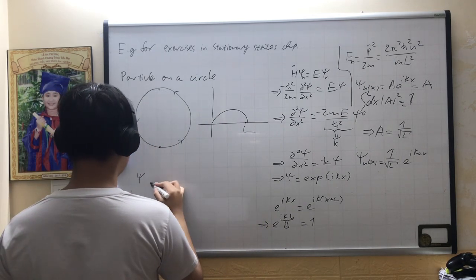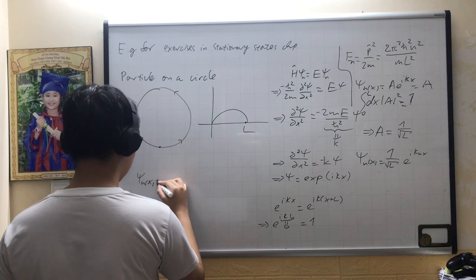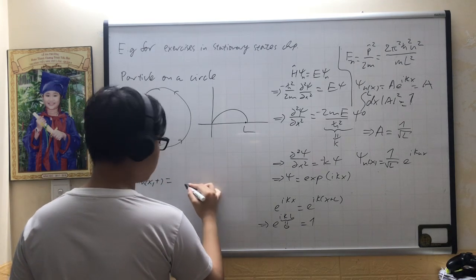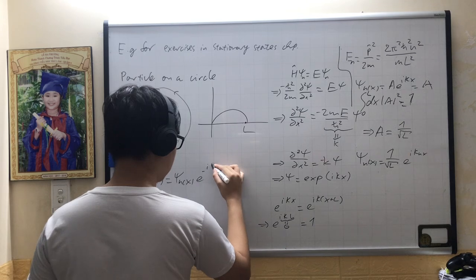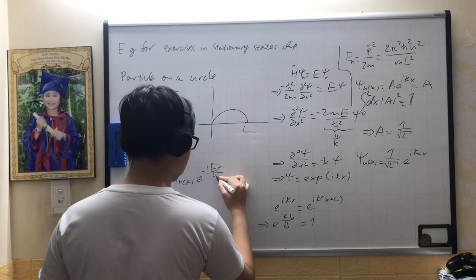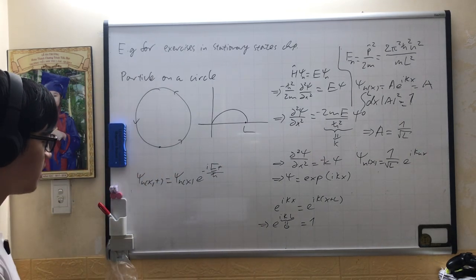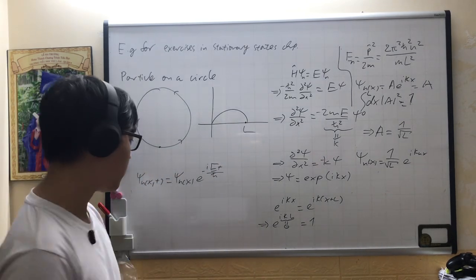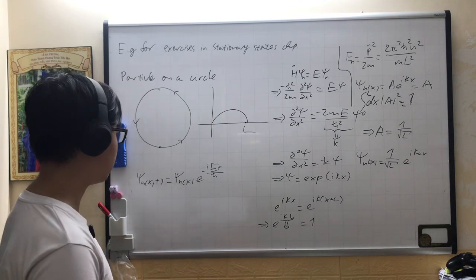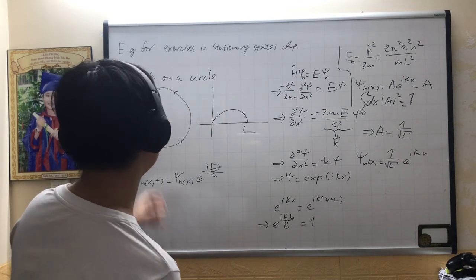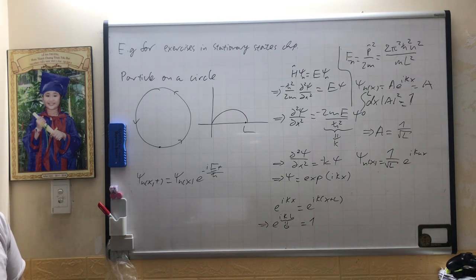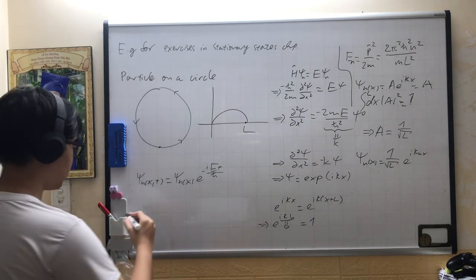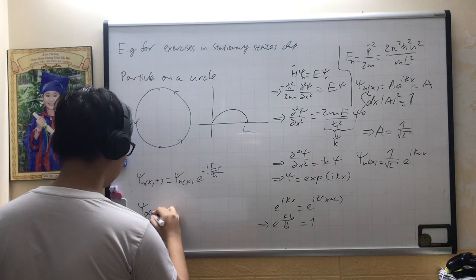So your psi of x, t would be the time evolution, the exponential of minus iEt over h bar, summed from n equals minus infinity to infinity. Now we're gonna consider your psi 0 of x.